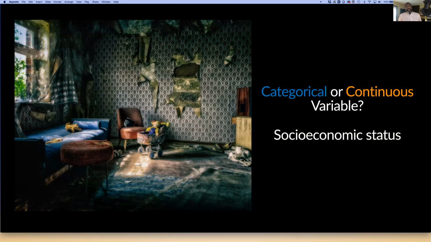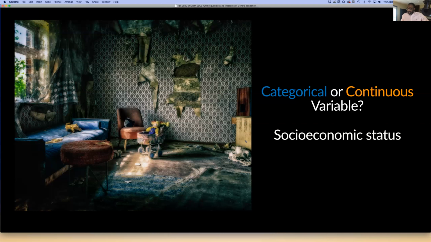But if you're measuring it strictly quantitatively, saying socioeconomic status is based on your income and nothing else, and you're not putting them into categories, then that will be continuous if you're just looking at salary. But 9 times out of 10, whatever measure people are using is going to be categorical.